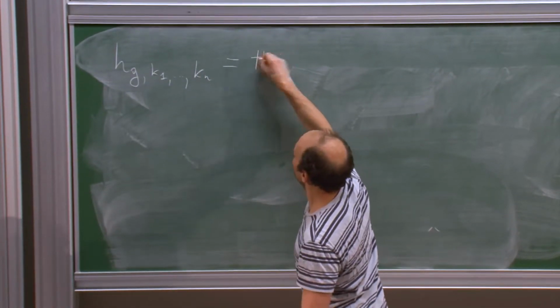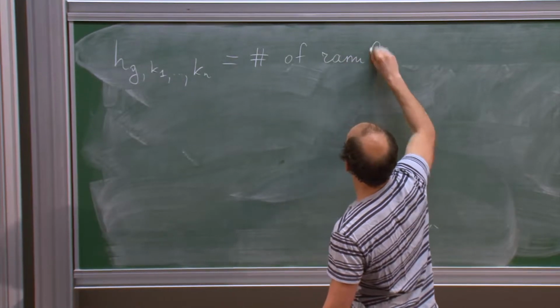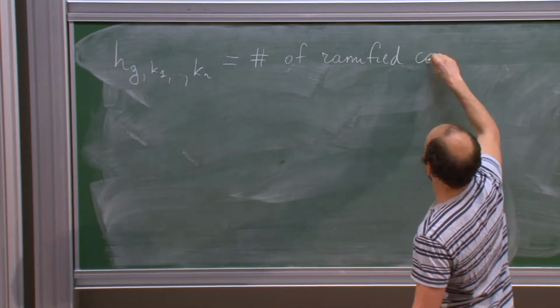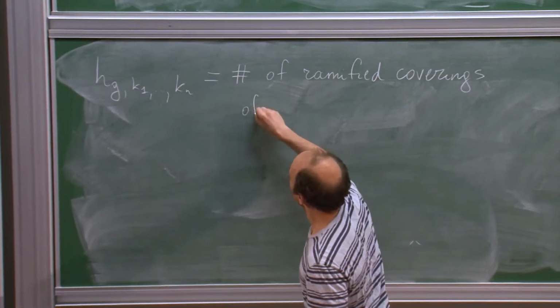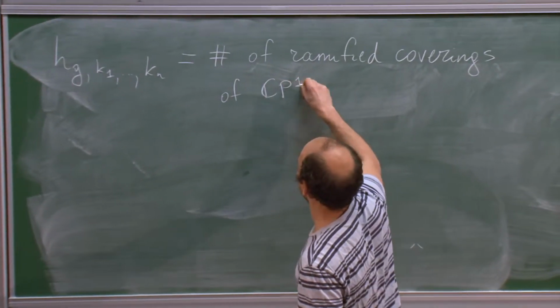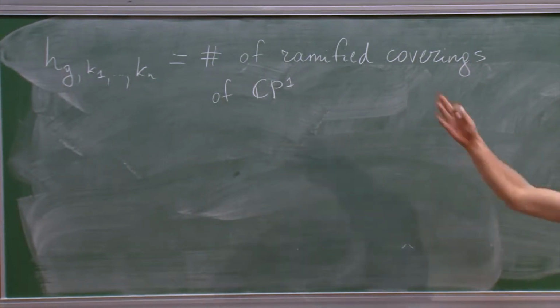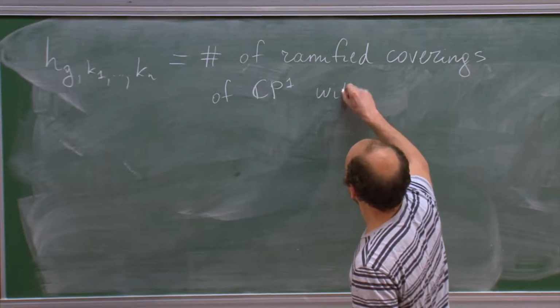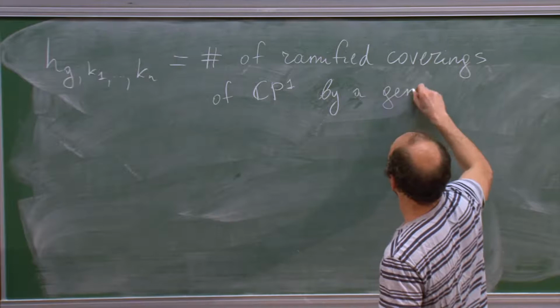is the number of ramified coverings of CP1, of a sphere. The complex structure here is actually not important because it's a topological invariant, of CP1 by a genus g surface.